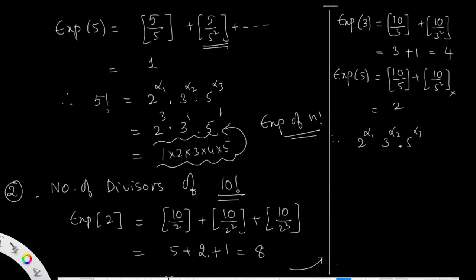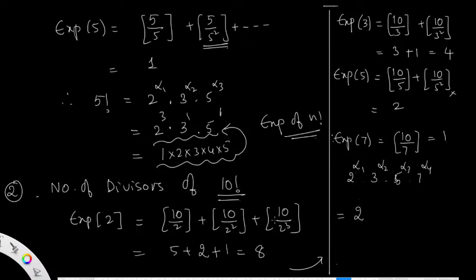Okay, let us try. 7 is also lesser than 10. The exponent of 7 is 10 by 7, and the next is not necessary; the value is only 1, so it equals 1. Therefore the number of divisors has 2 power alpha 1, 3 power alpha 2, 5 power alpha 3 and 7 power alpha 4, more than enough.